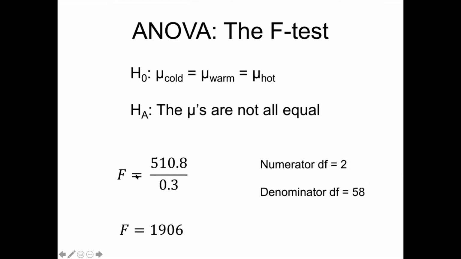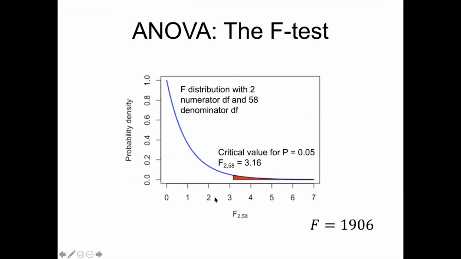Now, if we were to go through and perform the calculations of the mean square between and the mean square within, we could calculate the ratio of these 2 numbers as 1906. So this f-test statistic is equal to 1906, which tells us how big the differences are among groups relative to the amount of variation that we have within groups.